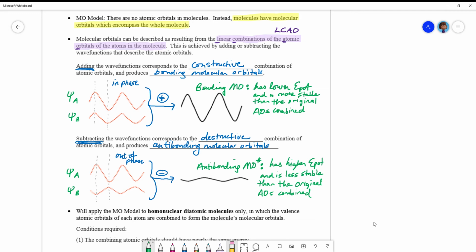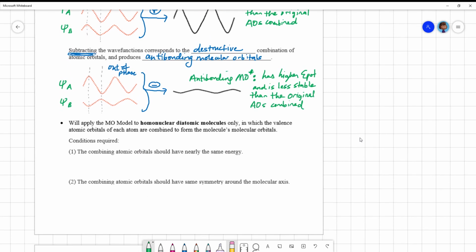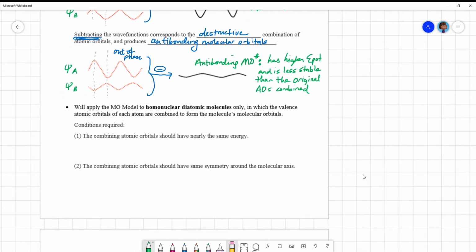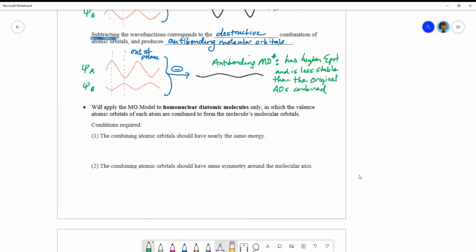Now, molecular orbital theory is a pretty difficult theory to wrap your head around. And so to make our lives a whole lot easier, we're only going to be applying this model to homonuclear diatomic molecules. So a homonuclear diatomic molecule is a diatomic molecule composed of the same two elements.